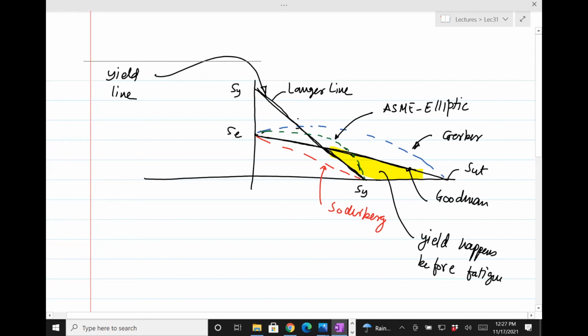So you can see for example, the Goodman line, you need to check for yielding because in this region right here, the yielding is below the Goodman line. That's also true for the ASME elliptic, right? There's a region here where yield happens before fatigue. It's right here between.